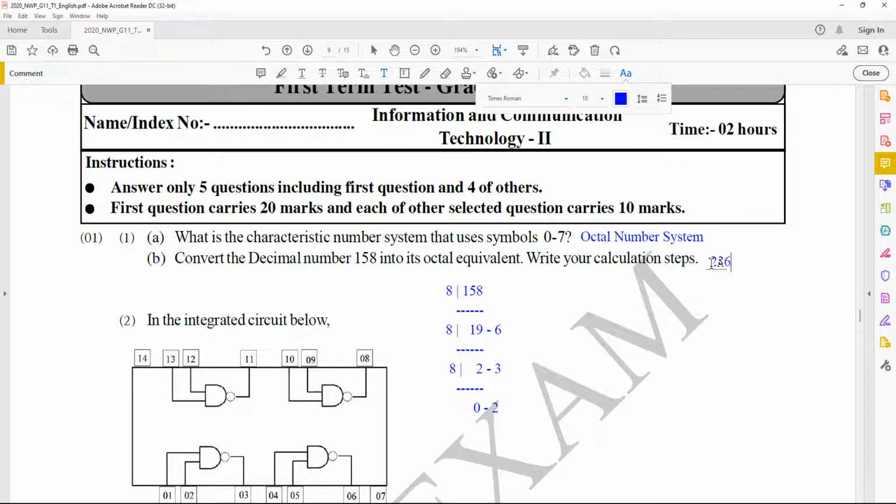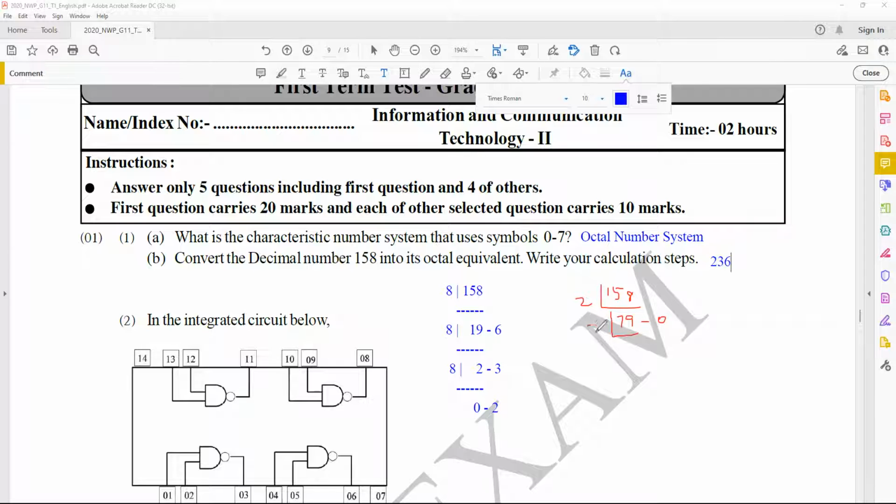Yeah, that's the second method to do this. There are multiple ways. Now, for example, you can divide by 2, like 158. You divide by 2, that is 79, and this is 0.